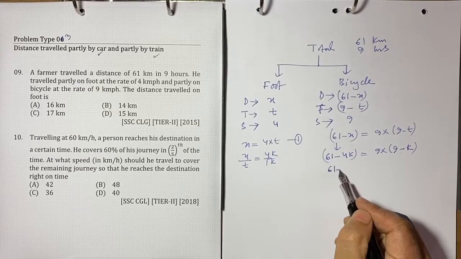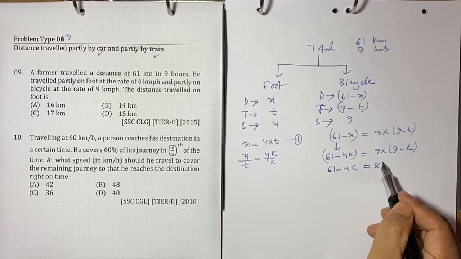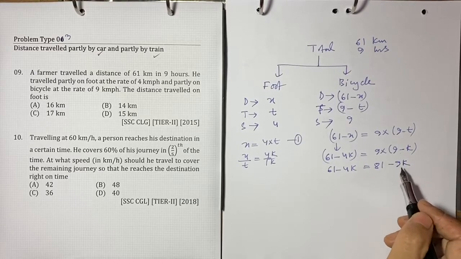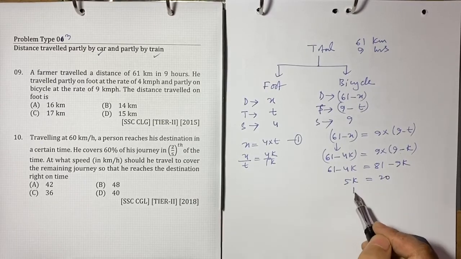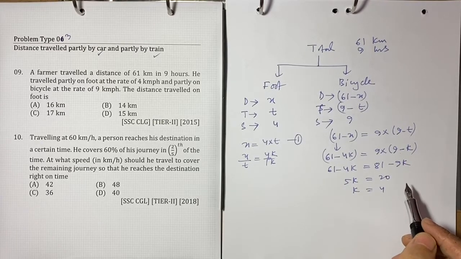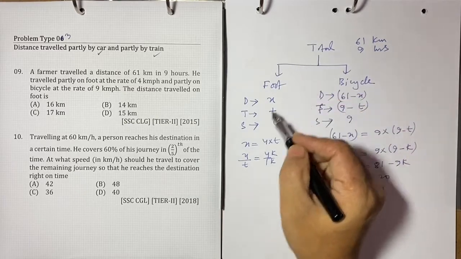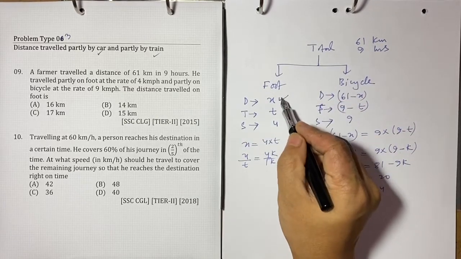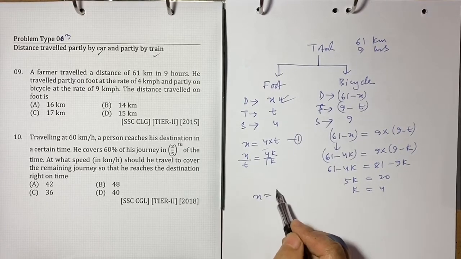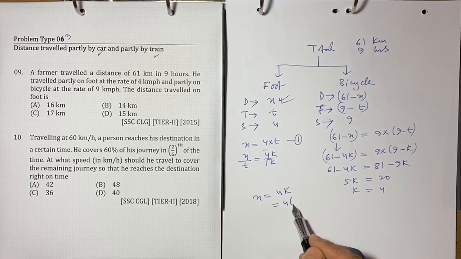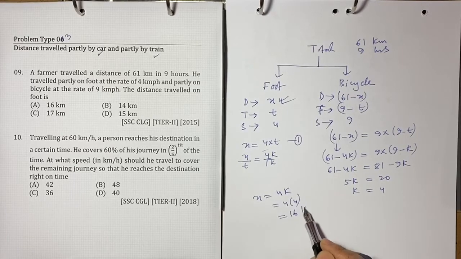So 61 minus 4k equal to 81 minus 9k. So 5k equal to 20, k equal to 4. Question: distance traveled on foot is x, and x equal to 4k. X equal to 4k equal to 4 into 4, 16. So it is 16 kilometers.